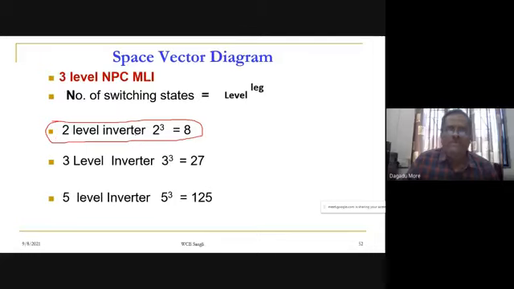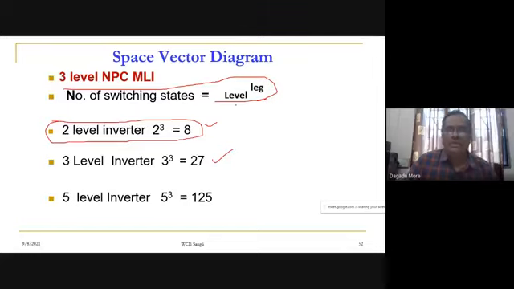For the number of switching states, we can use the formula level raised to legs. Two-level, legs are 3, so 2 raised to 3 is 8. Now for a 3-level inverter with 3 legs, 3 raised to 3, we are having 27 switching states.